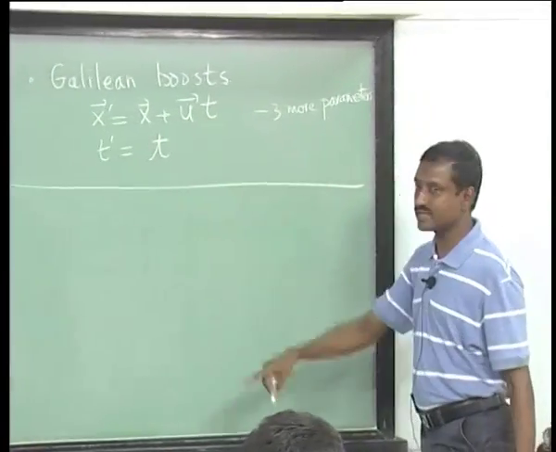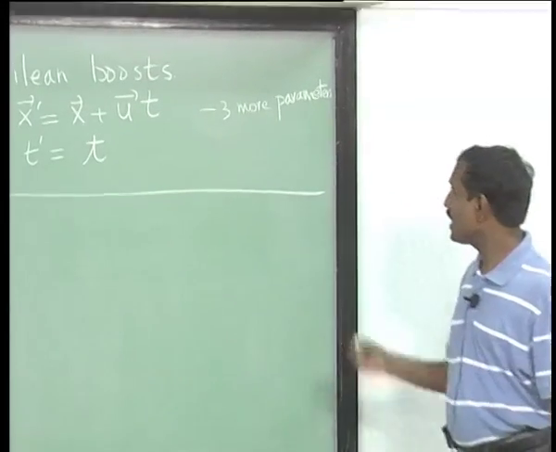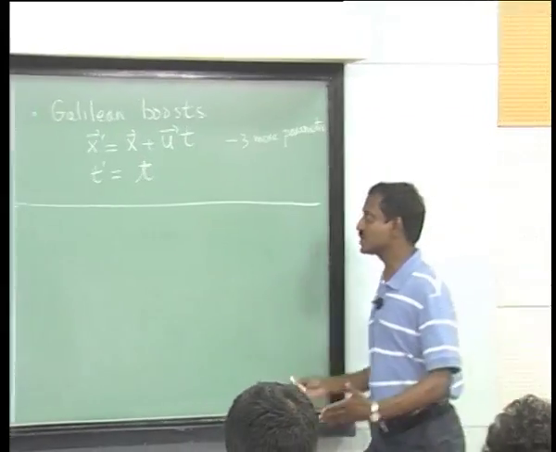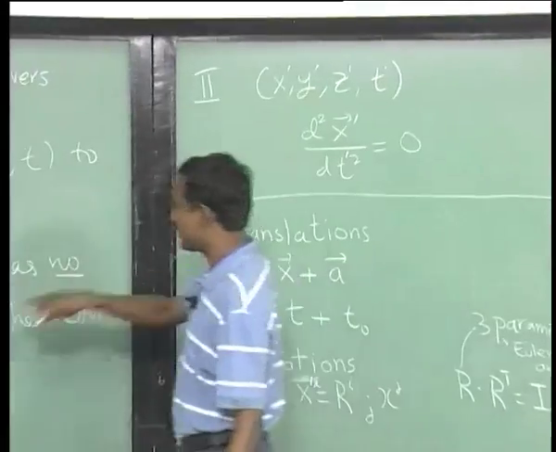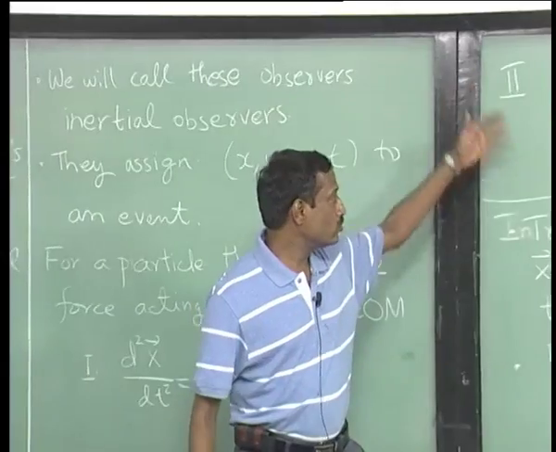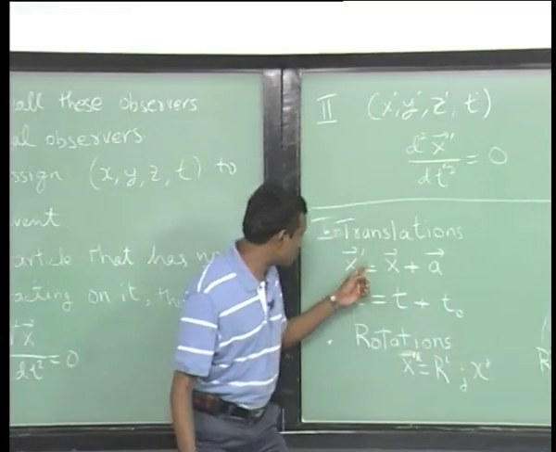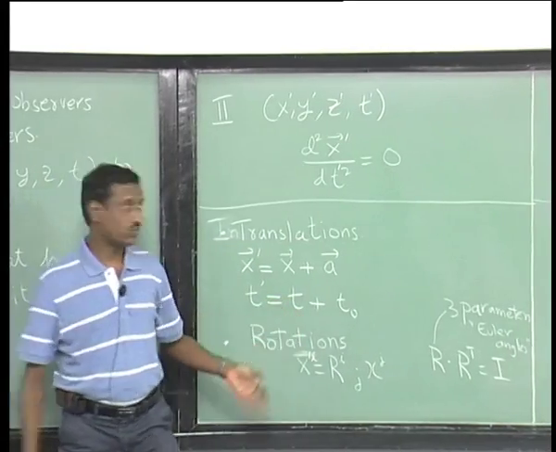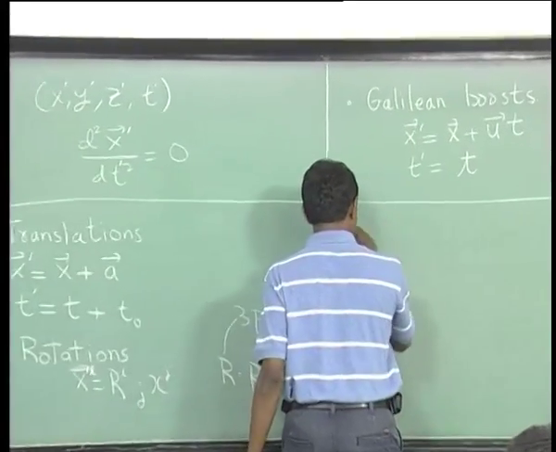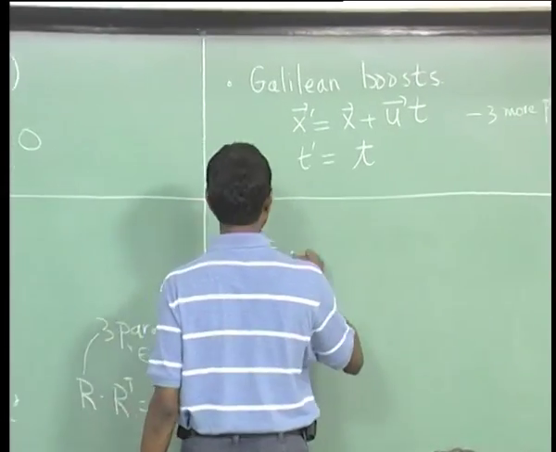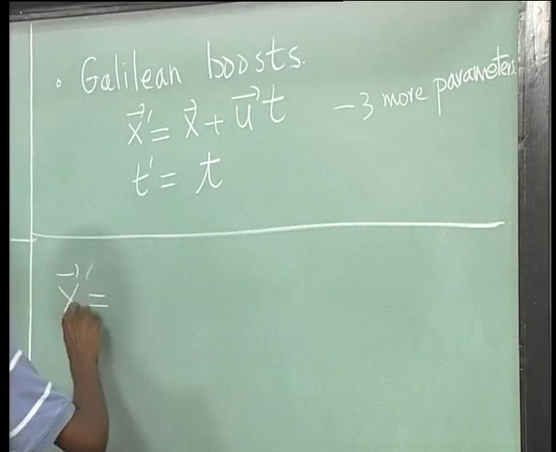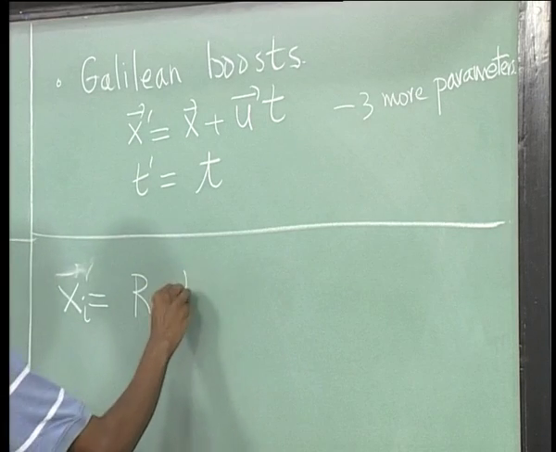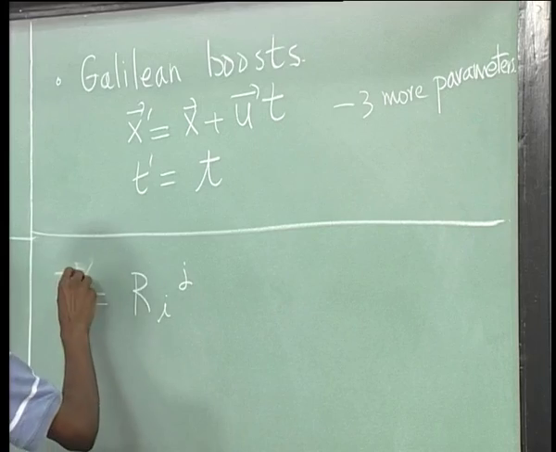So I will restrict myself to only these 3 things, and so now you can see that there are 10 parameters worth, and of course if 2 arbitrary observers are there, it need not be just one of these things, it can be the most general thing which could relate these 2 observers. So in other words, we could write something like x prime i equal to R i j upper.